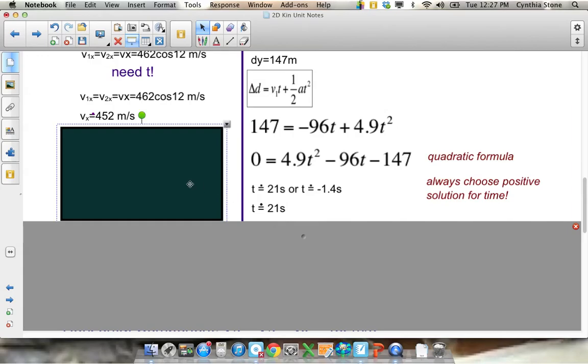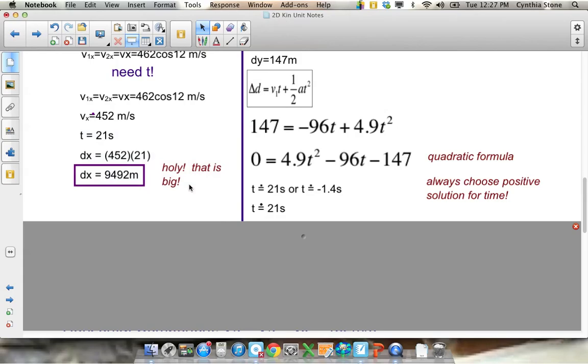Okay, then looking over to this side, sub in, and it's a big 9,000 meters, and I say, holy, that's big. I don't think there's a mistake in the formula, but it is a big one. Okay, so 10 kilometers away, but it's got a huge speed. I mean, 462 meters per second is huge, right?